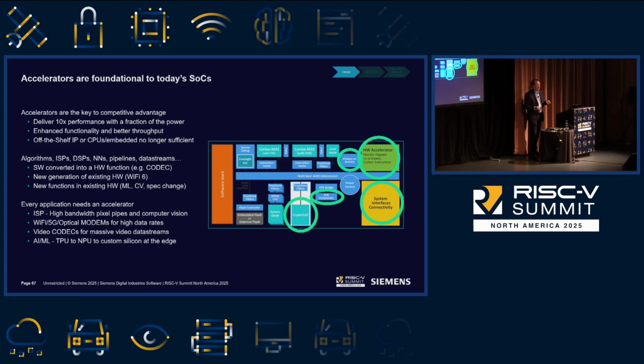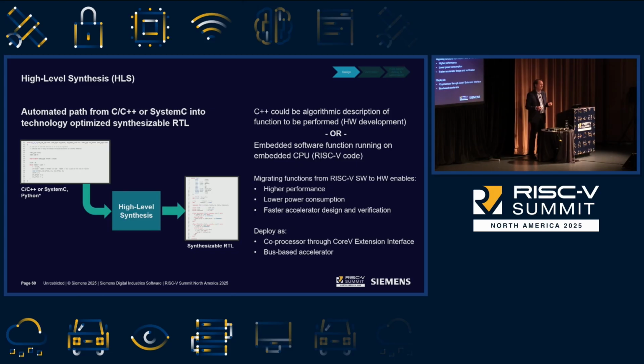That's where high-level synthesis comes in. The idea of high-level synthesis is to provide an automated path from C++ to synthesizable RTL, and basically accelerate the path from algorithm to chip. This high-level description could be an algorithmic description of what you're implementing.